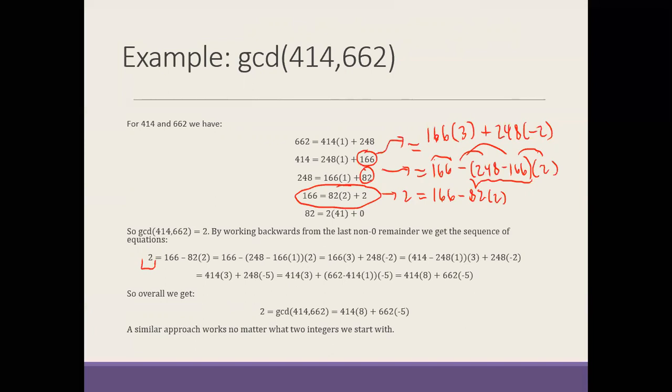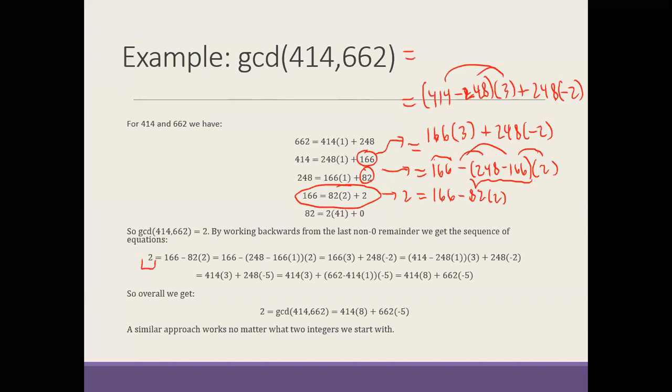What in the world am I going to do? Well, I'm going to use the 166 from the next line up. You see what we're doing? We're just working backwards. So 166 is equal to 414 minus 248, this is multiplied by 3, plus 248 times -2. I distribute this 3.